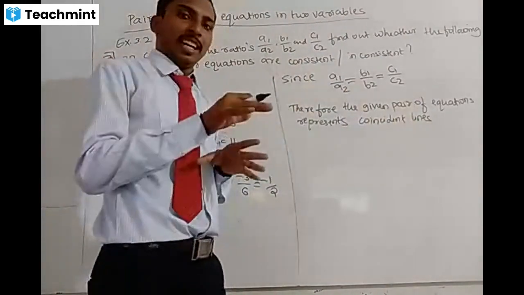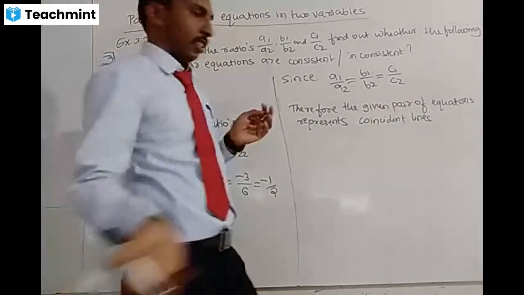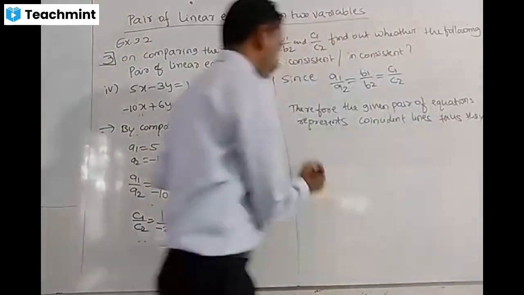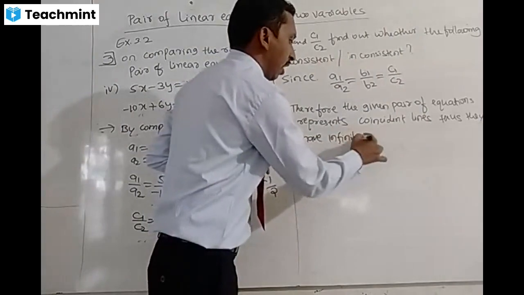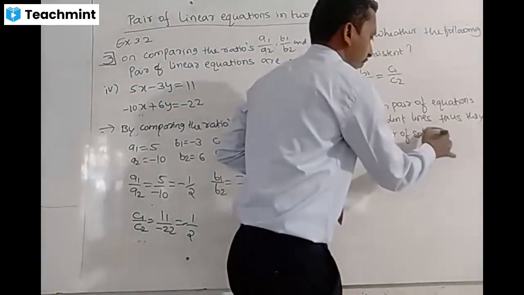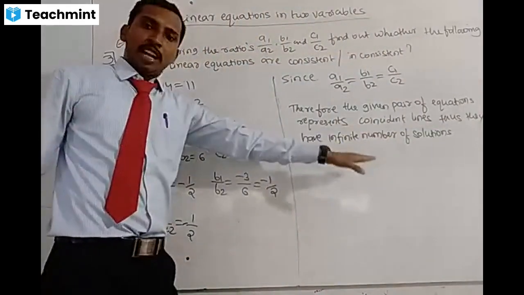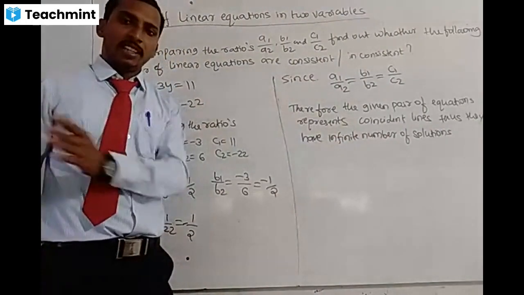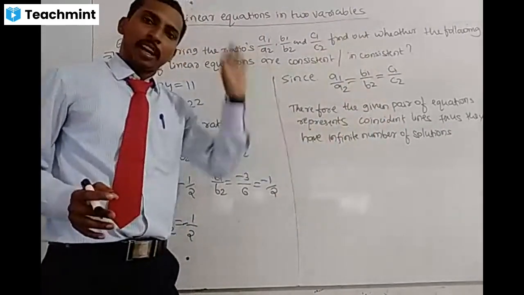If they represent coincident lines, they have infinitely many solutions. So write down: they have an infinite number of solutions. If they have an infinite number of solutions, are the given equations consistent or inconsistent? Yes, they are consistent. If they have a solution, then they are consistent.